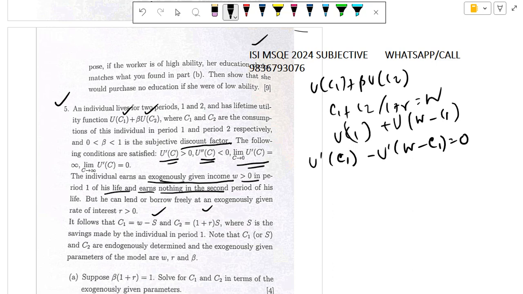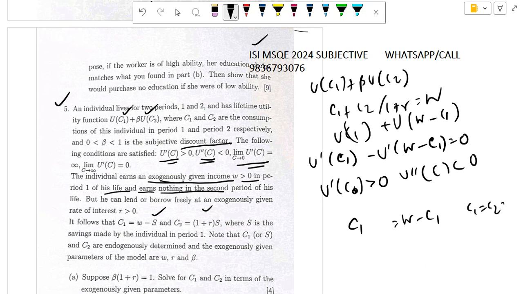Using the conditions, we know that u'(c) is positive, u''(c) will be negative. So this implies that u'(c) is a decreasing function. At the optimal point, c1 equals w minus c1. That means c1 equals c2 equals w by 2.